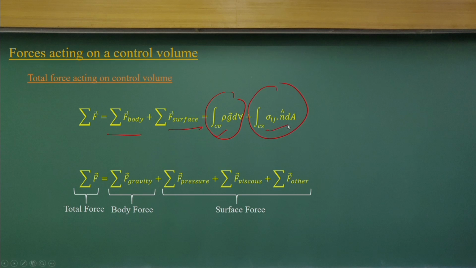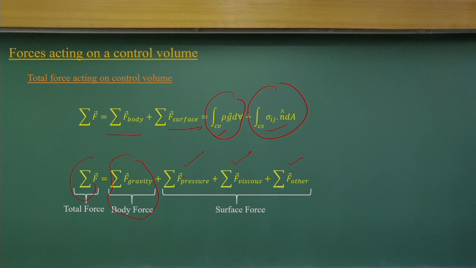Now, if I divide the force components, the total force will have one component from the body force, which is the gravity force. The surface force component we can resolve into the force due to pressures, the force due to viscous effects, and the force due to other reactions, that means the reaction component of force.